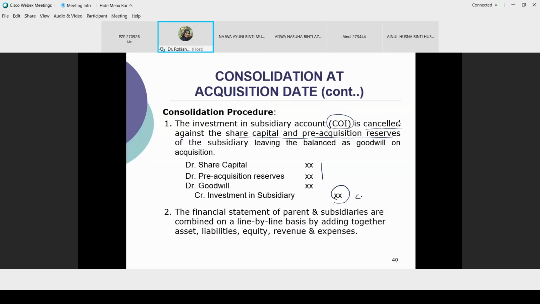You're going to cancel it. Cancel means that you're going to credit this one. And then on the debit side, you're going to eliminate the share capital, and the pre-acquisition reserve is the equity, and then the balance here will be goodwill, which is your asset. That is a new asset, the new asset that is created during the acquisition.